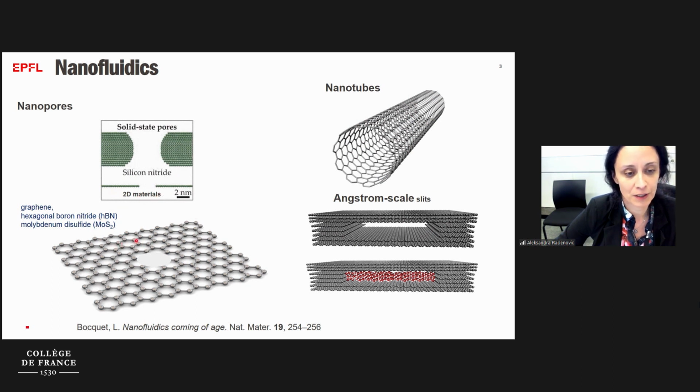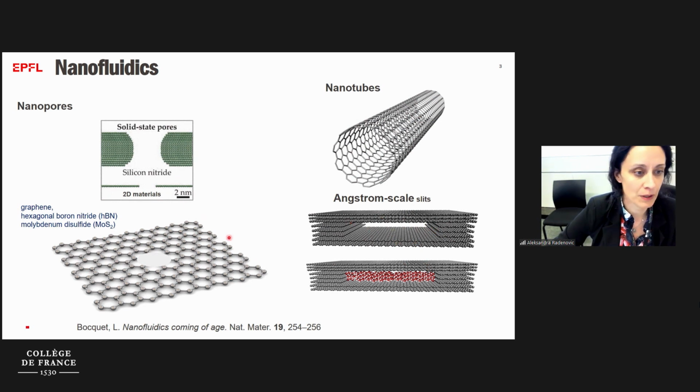The two-dimensional materials and the pores in them provide zero-dimensional confinement, nanotubes provide 1D confinement, and Angstrom-scale slits provide two-dimensional confinement.